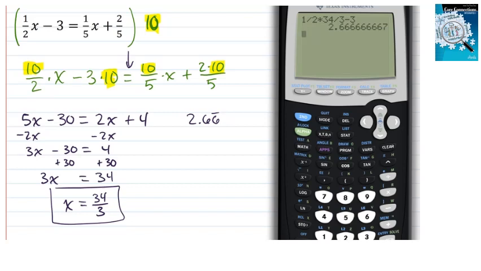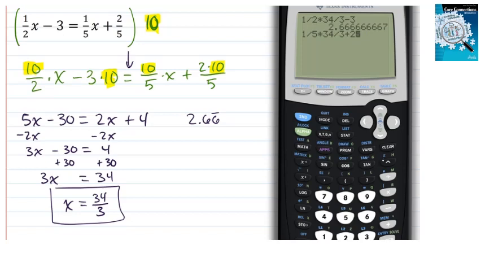So now if I get the exact same thing on the right-hand side when I plug in this value of x, I know that I have the solution. So I'm going to do the same thing. I'm going to now do 1 divided by 5 times 34 divided by 3. That's the value of x. So 1/5 times 34 thirds, and then plus 2/5.